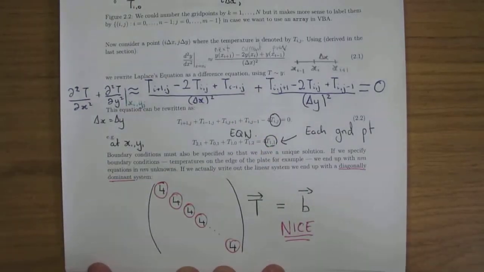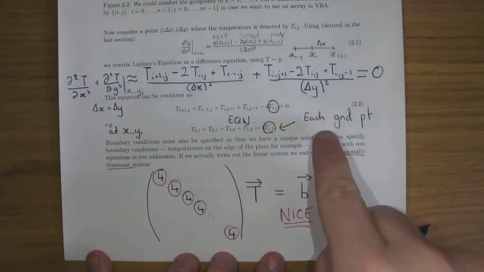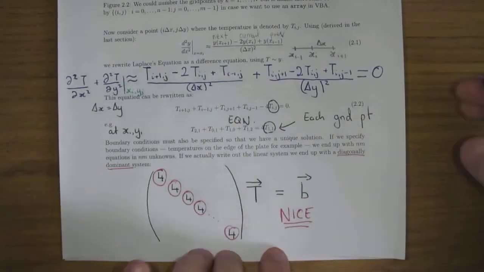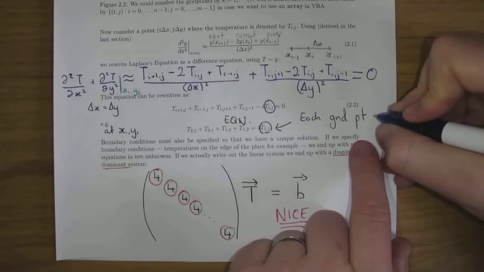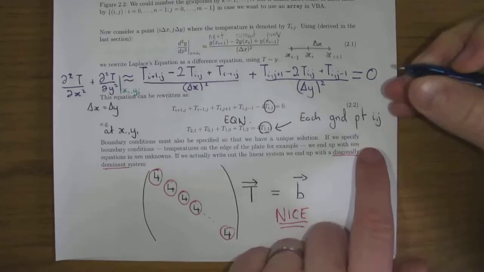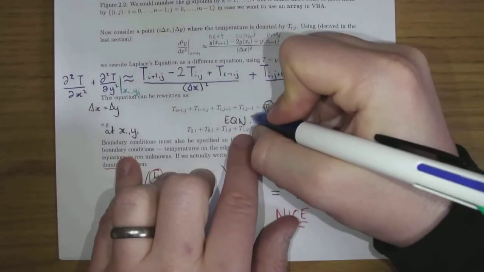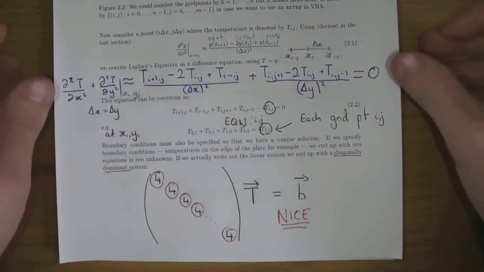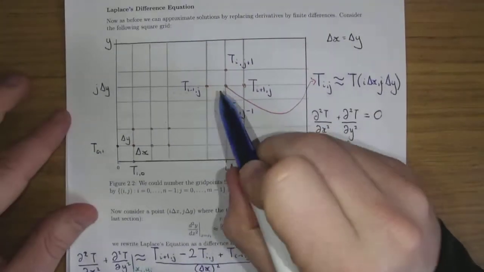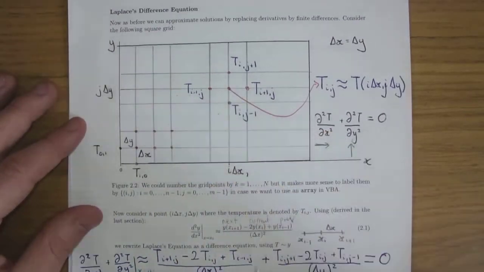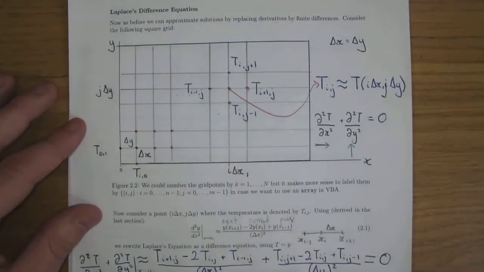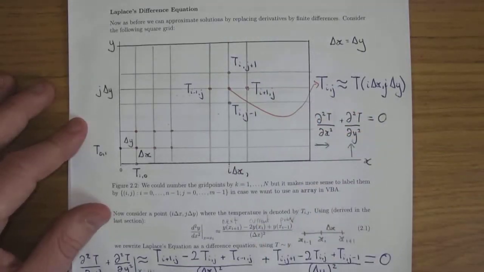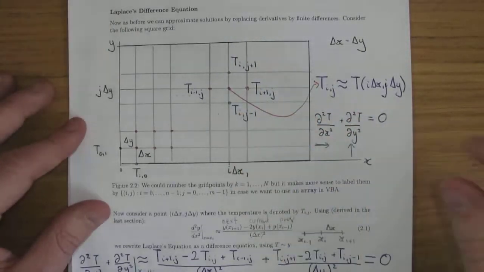And what you get is something slightly different to what we said: each grid point, say ij, gives you an equation for the temperature at that point. So at each point you're going to approximate Laplace's equation, and the approximation of Laplace's equation at that point is going to be your equation for the temperature at that point.